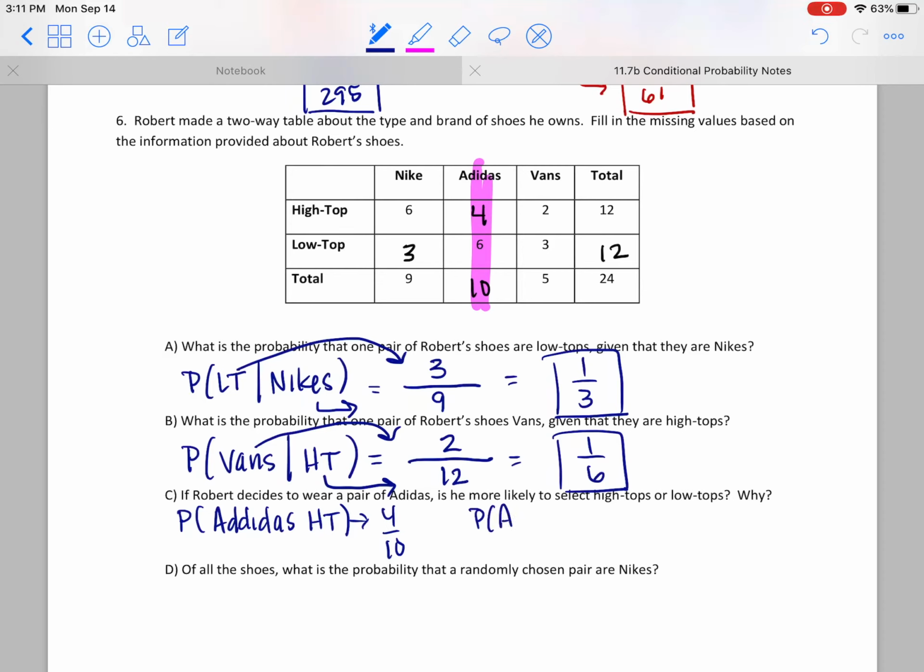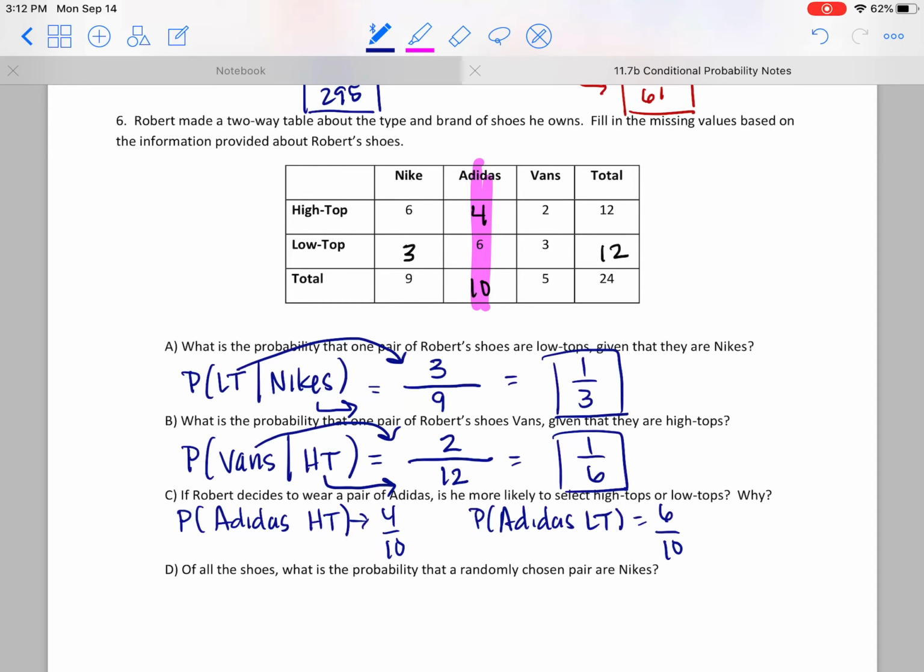And the probability of Adidas low tops is 6 out of 10. And so which one's more likely?